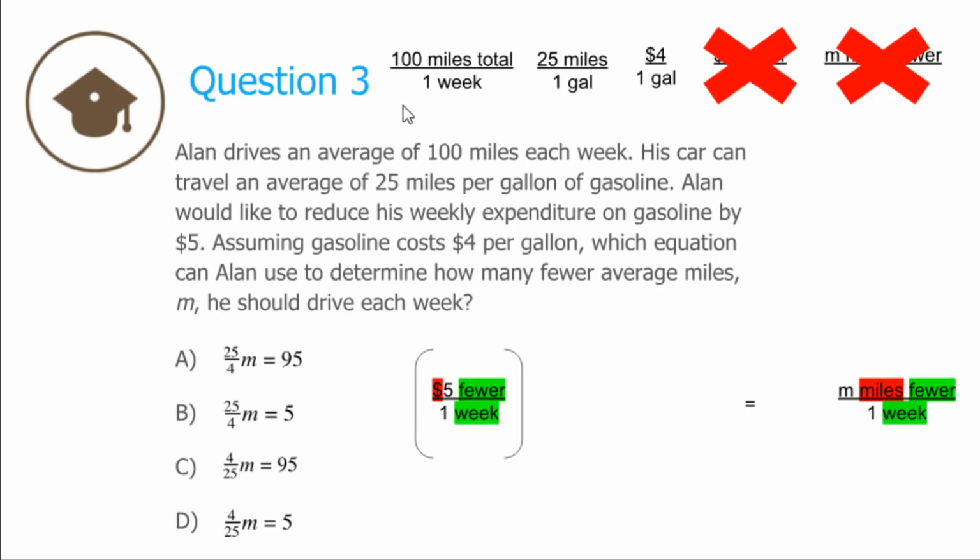Well, looking for dollars, I see dollars right here. So let's go ahead and bring that in, but we'll want to flip it. Because we have dollars on top, we want to put dollars on bottom so that the dollars will cancel. So again, we're crossing out as we go to make sure we don't double use our information and we're keeping track of what we've taken account of and not. So dollars cancels, cool. We've got fewer, week, but now we have gallons and we still want miles.